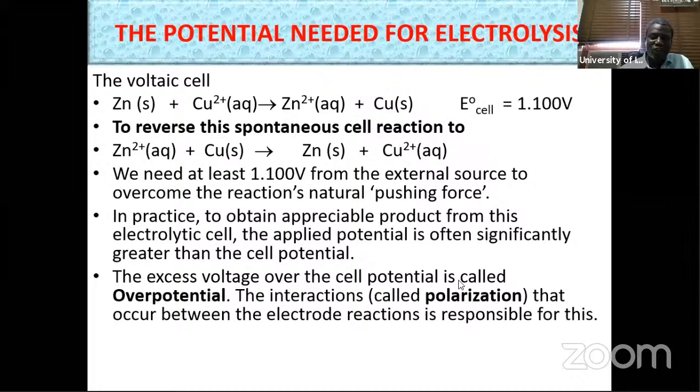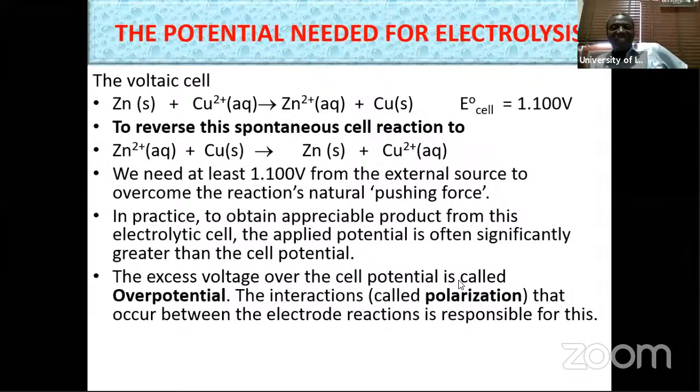And you discover that sometimes when you want to actually do this, the excess force that you have to use over the normal cell potential is what we call overpotential. What you actually need to cause the reaction to go in the other direction is 1.1 volts. But in reality, when you do that experiment, you discover that you need more than 1.1 volts.